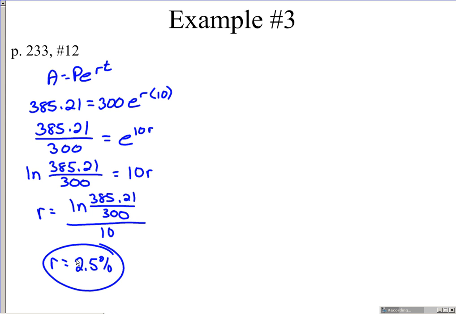Now that we know the rate, we can find the time to double. Again, we start with our original equation. Solve for the exponential. Again, that ratio of A over P, if it's going to double in size, is going to be that. We now know our rate is 2.5%, or 0.025, and we can solve for t.